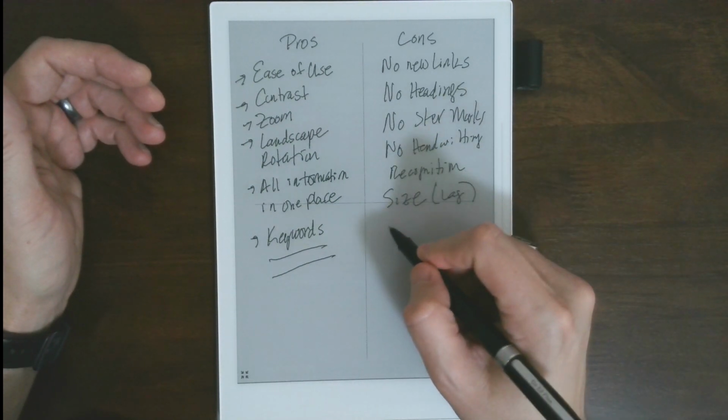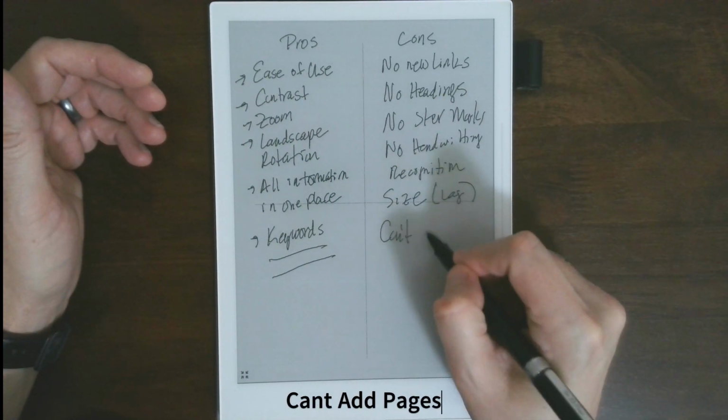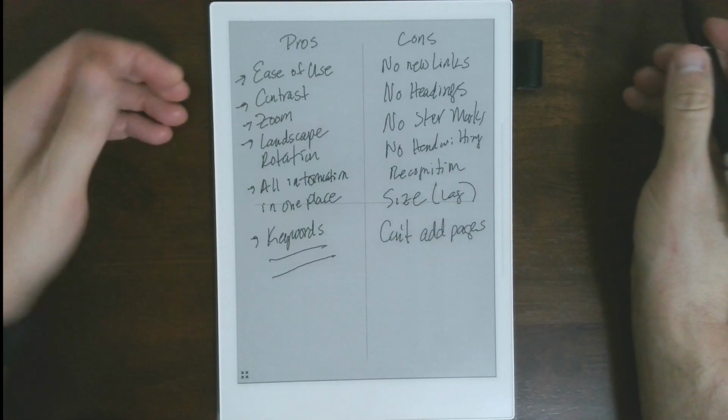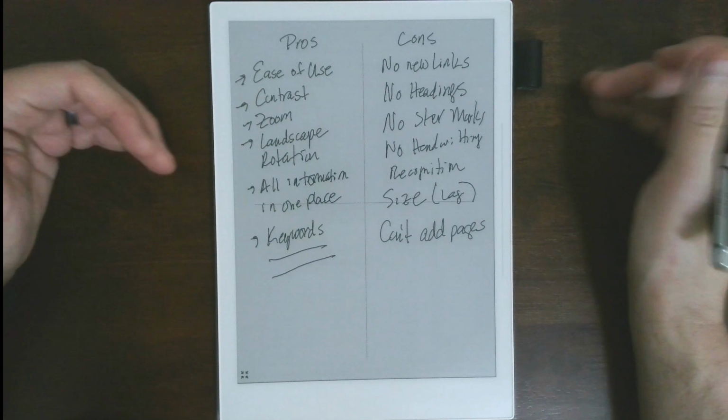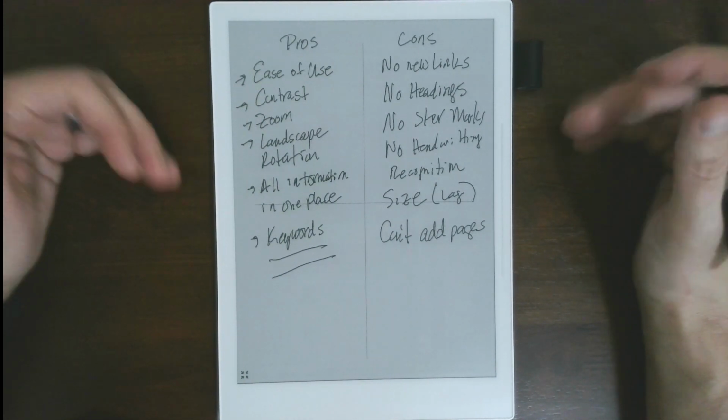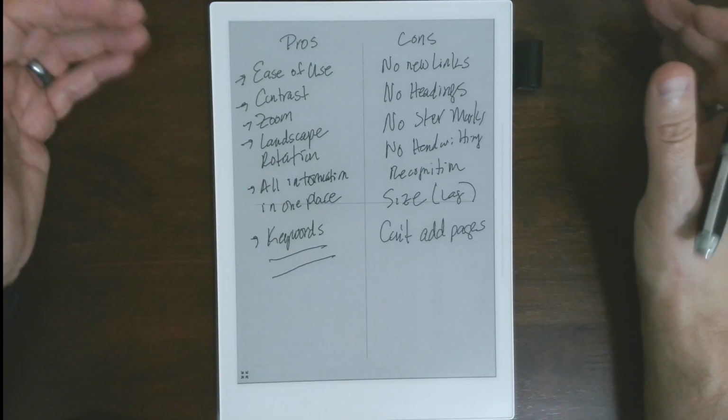The final con that I'll talk about is just the idea that you can't create any new pages. So, you can't add pages. Now, this may not be a big deal. Both of these planners in particular, and a lot of the ones that you can get through Etsy and different places, offer a ton of pages for notes.